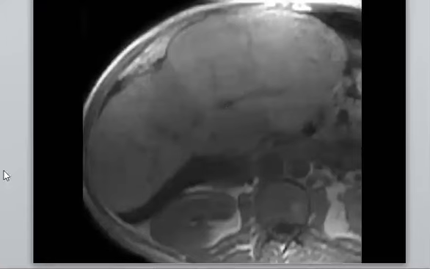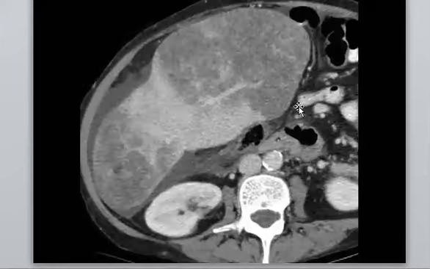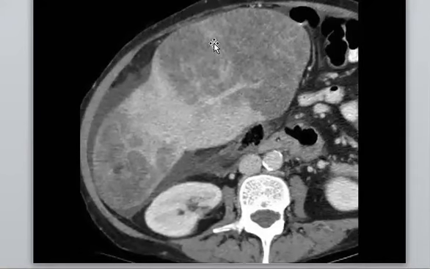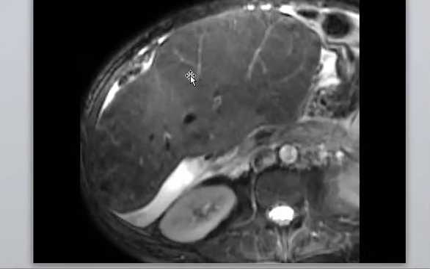In the T2 it is also hard to differentiate any masses, and you can see the vessels clearly go in a normal way, right? But in the CT, sure, you will suspect that there could be a mass. In the MRI, it is much easier: the intrahepatic vessels go normally. Marwa, yes, nice. T2 fat suppression, yes.